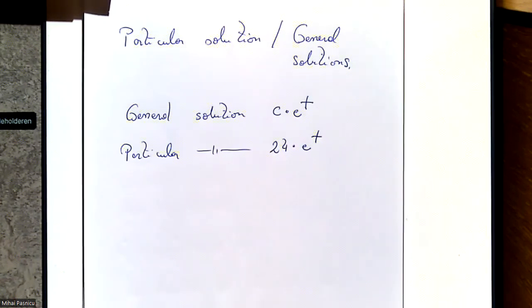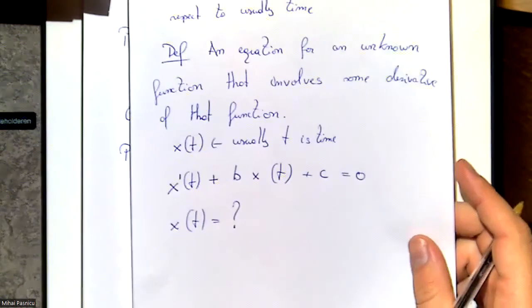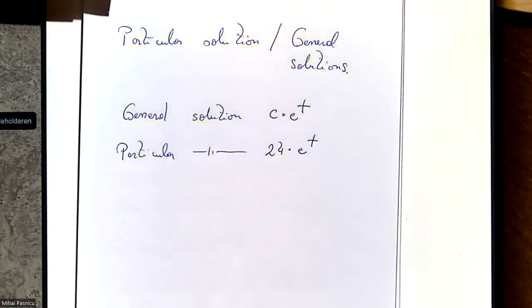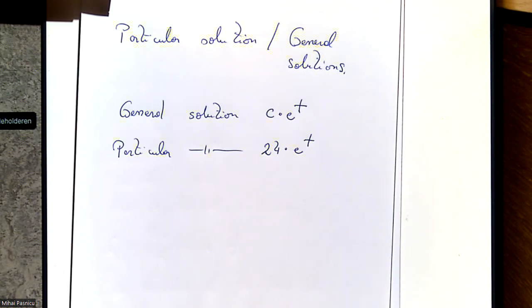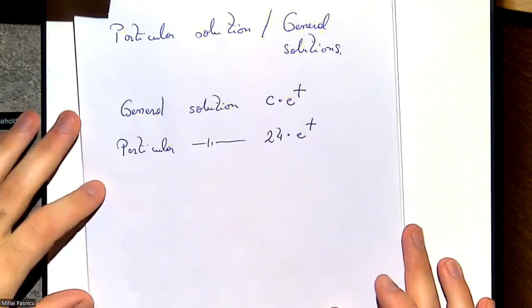Now, the way I learned it many years ago is using this b x(t) plus c notation because it was introduced really early. Now, the way it's introduced in your book is like this.